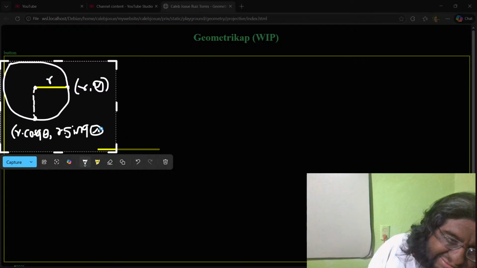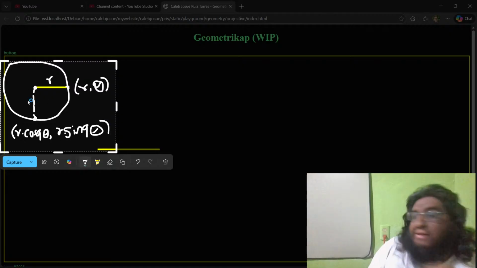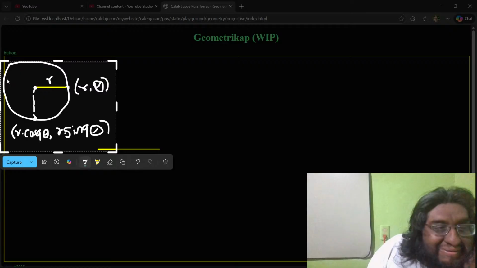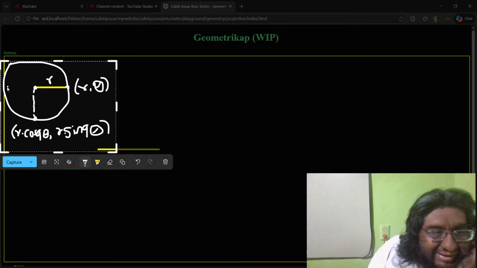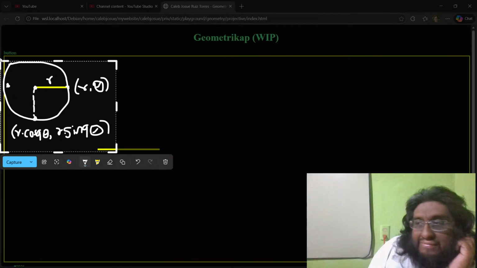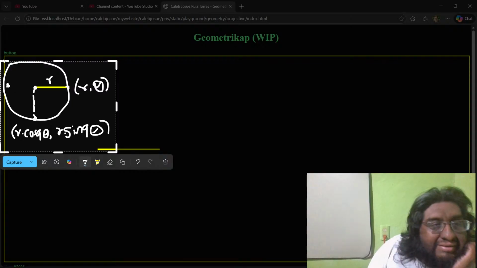Let's see if this is going to work. Most likely, we will find some point over here because the origin of the coordinates is here. Well, that will be a good starting point.